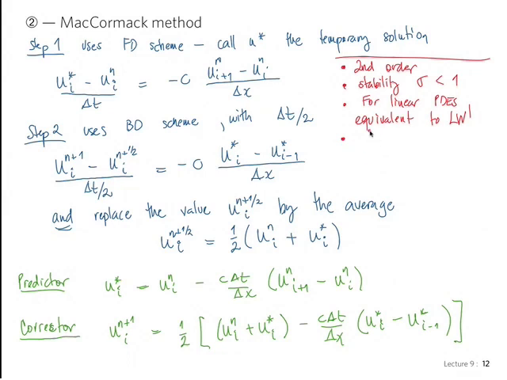So we can alternate forward difference, backward difference, and then backward difference, forward difference. You can alternate that, and it turns out that this scheme works very well for nonlinear problems.